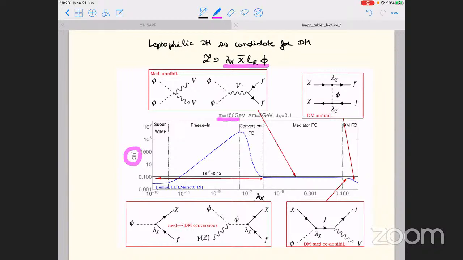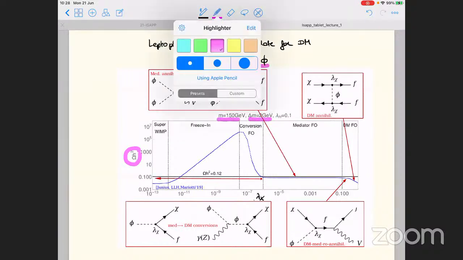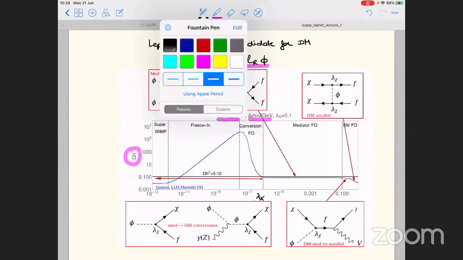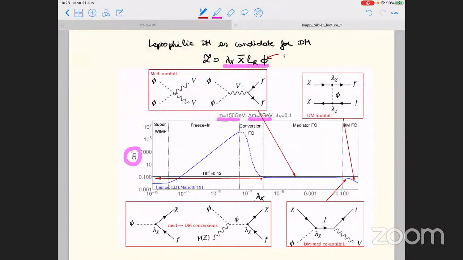This plot is made for a dark matter mass of 150 GeV, and a mass difference with phi, my bath particle, of 2 GeV, and I'm coupling the dark matter to a muon in this case.